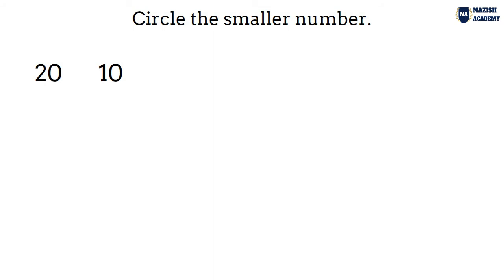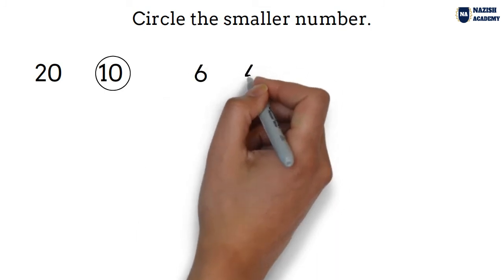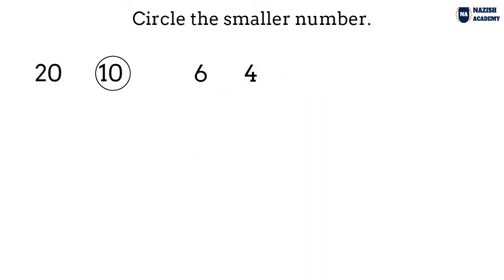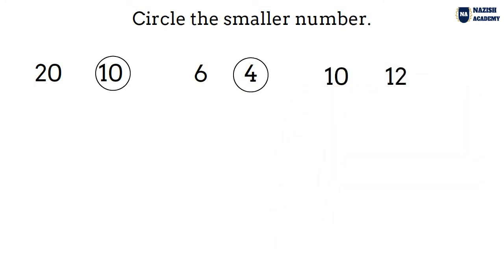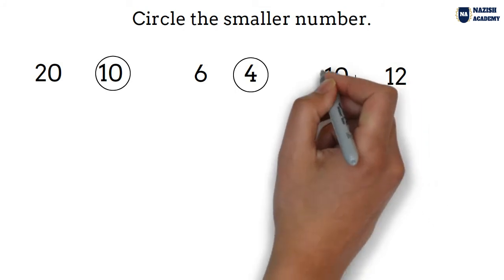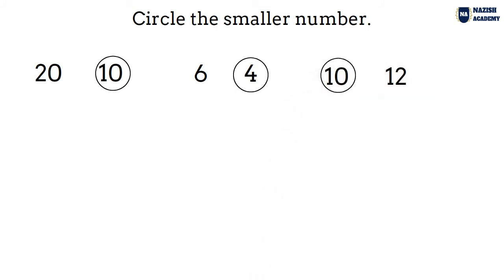Circle the smaller number. Which is smaller? 10. 6, 4. Which is smaller? 4. Next, 10 and 12. Which is smaller? 10. 11 and 9.